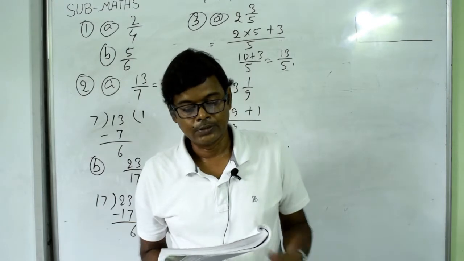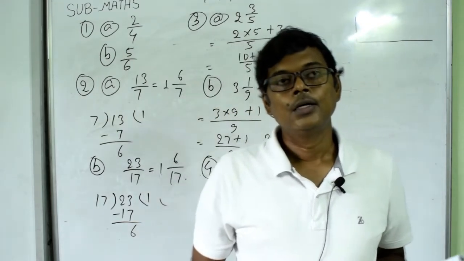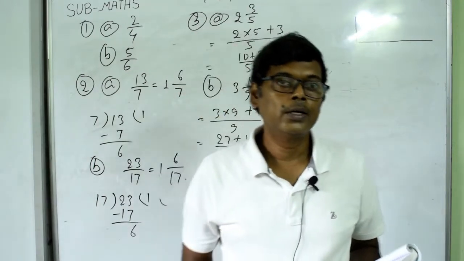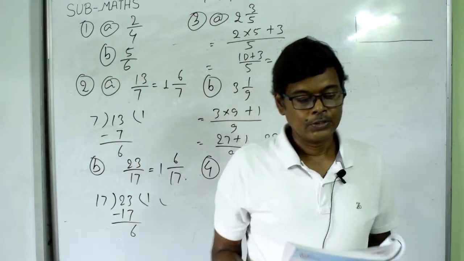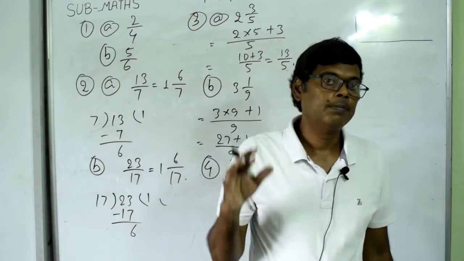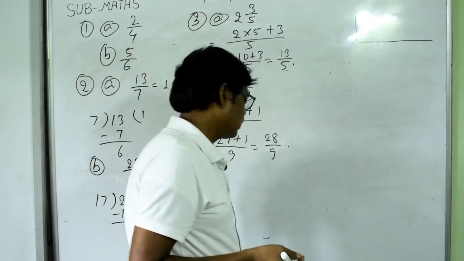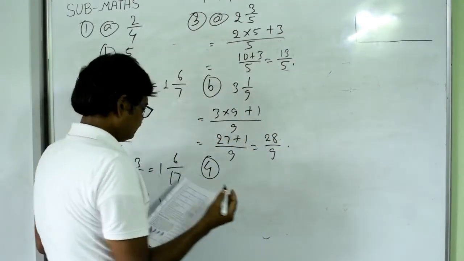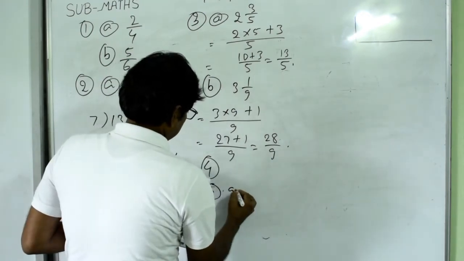And in question number 5 we have to write the numerator and the denominator of a given fraction. I explained to you before starting this chapter that the upper part of the fraction is called the numerator and the lower part is called the denominator. For example, question number 5, 2 by 3.